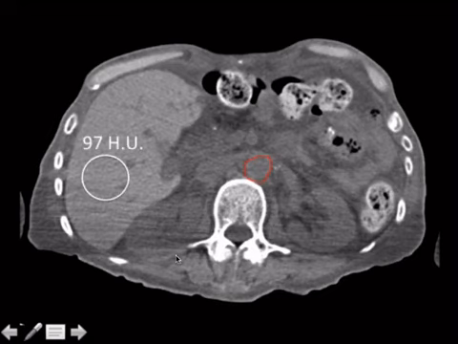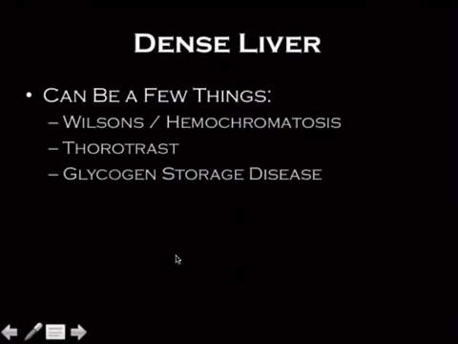Remember, this is a differential case, and when you see that, it can be a few things. Iron, thorotrast, which almost certainly will make an appearance on the test of the future. Glycogen storage diseases can do that. But for the purpose of multiple choice, when you see dense liver, it's always amiodarone, right? It's always amiodarone.